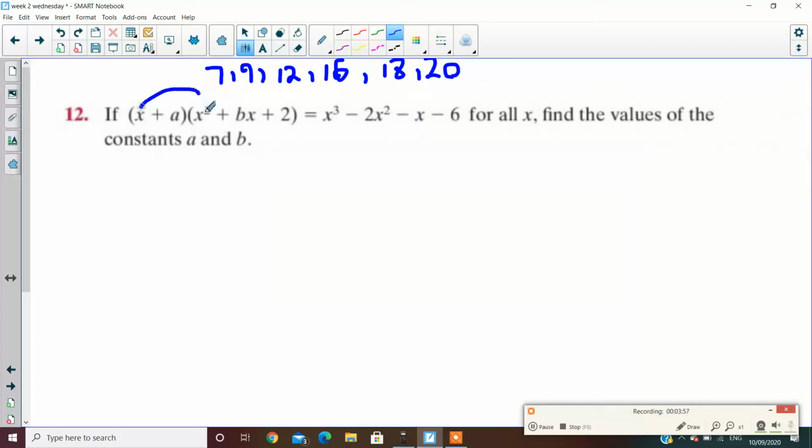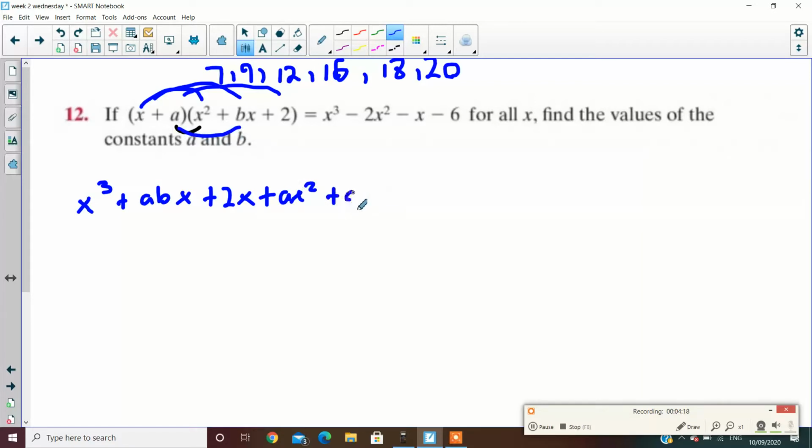Right. Multiply this out. X cubed plus abx plus 2x plus ax squared plus abx plus 2a.